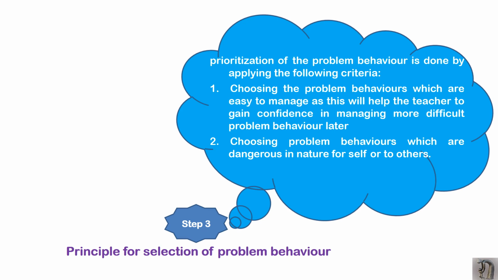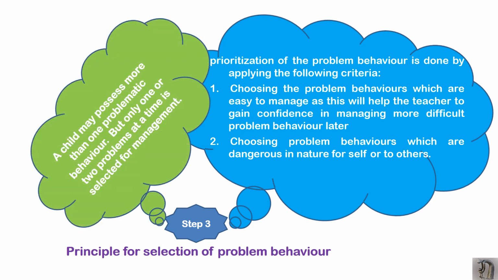The second one is choosing a problem which is dangerous in nature, which you cannot ignore as well. So you need to choose what is very dangerous and what you cannot accept. That is very, very important. These two criteria are important to select your target or problem behavior.